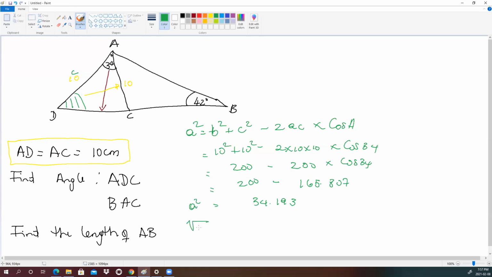Okay, so now we need to find the root. And then you're going to get A is equal to 5.885. You may round it off and put it to 5.85. Doesn't matter, it's okay. All right. So now you find DC.